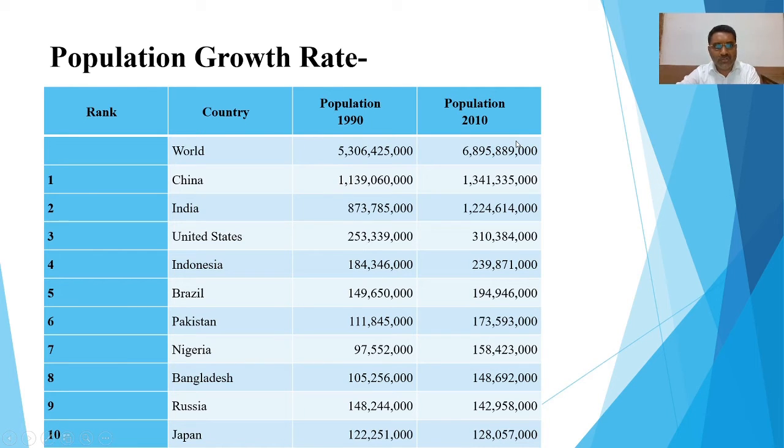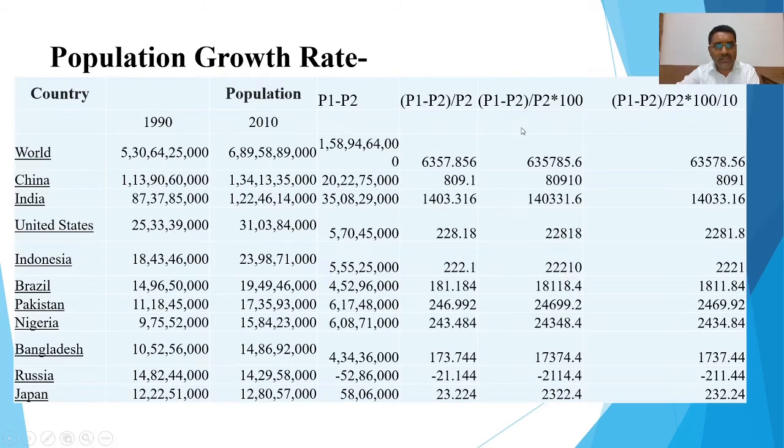Using this formula we can simply calculate with the help of data. For the world's population, I have put the values in the population columns. I subtract the past population from the present population. This is the past population P2 and the present population P1.